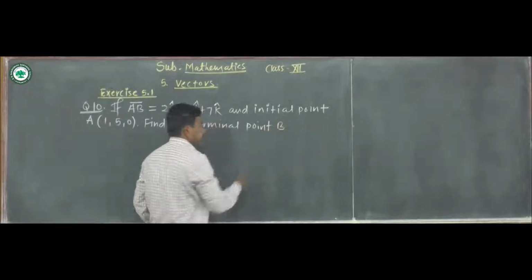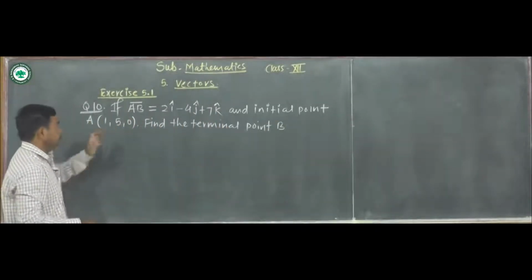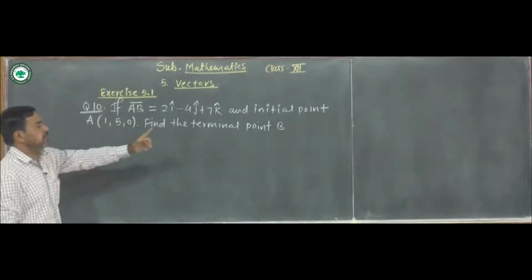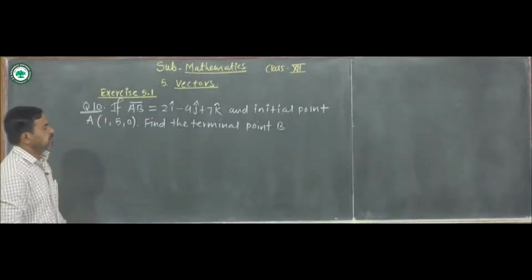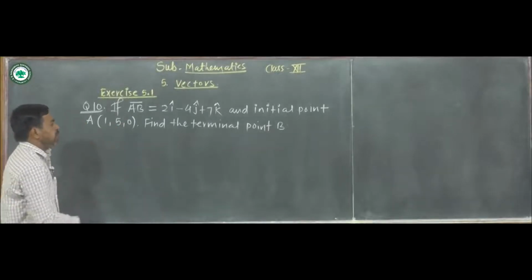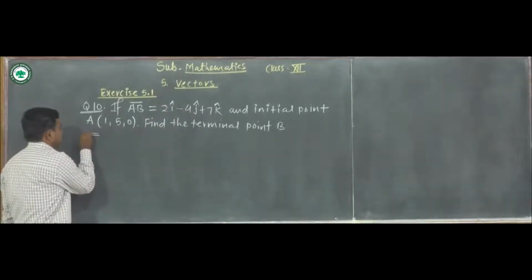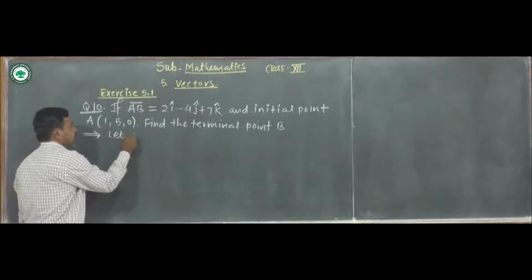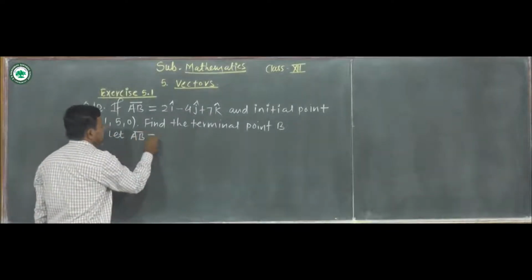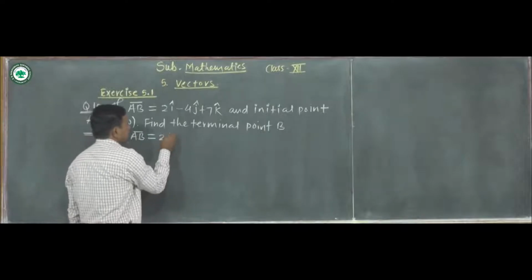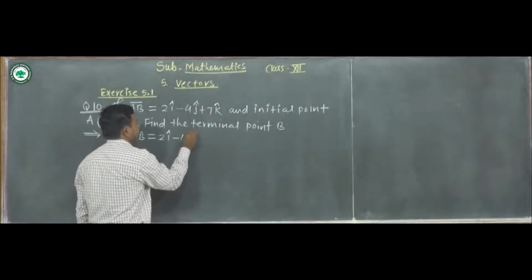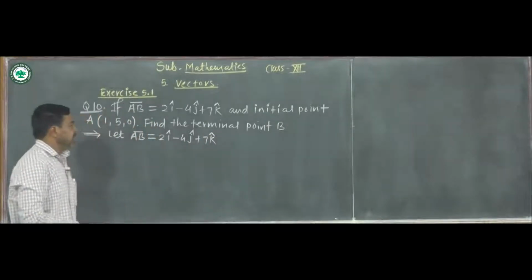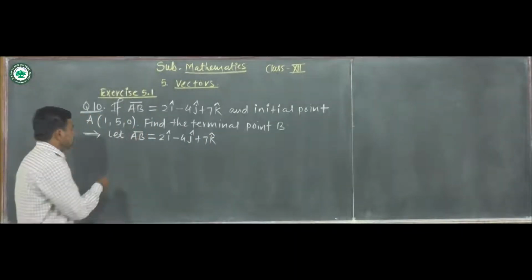See here, vector AB is given and the initial point is given. We have to find out the terminal point, that is, we have to find out the coordinates of point B. So, see here. Let AB bar be equal to 2i cap minus 4j cap plus 7k cap. This AB bar is given. What is given also?